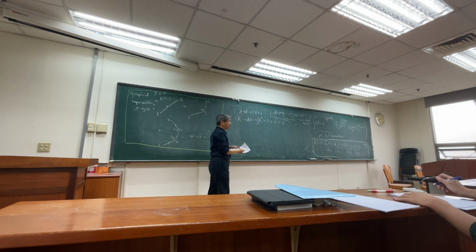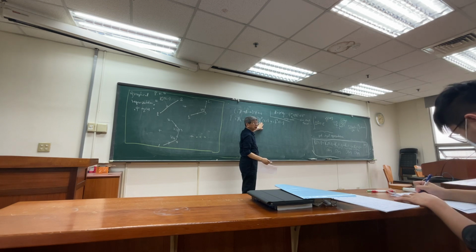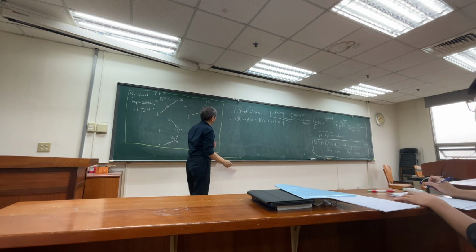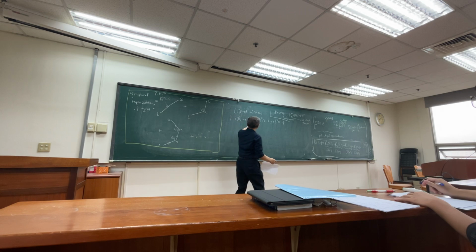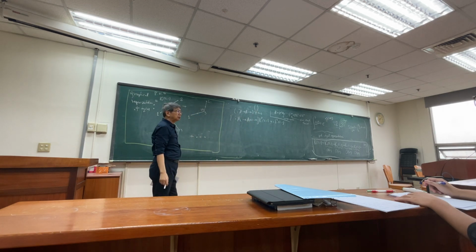Question about the equation for K21. K21 must obey this equation. And I will come to the full equation because the tricky part is now the wave function is a multi-component wave function.